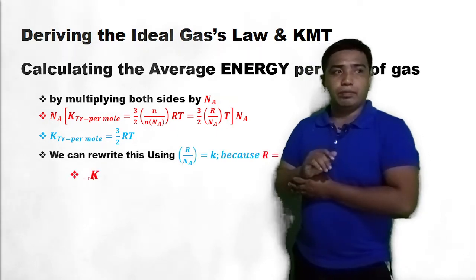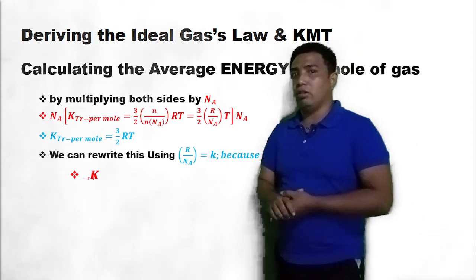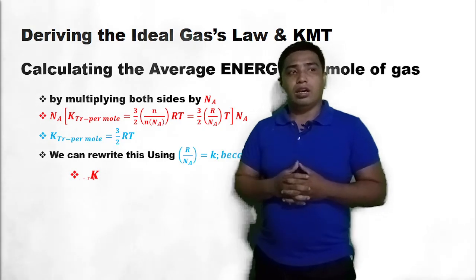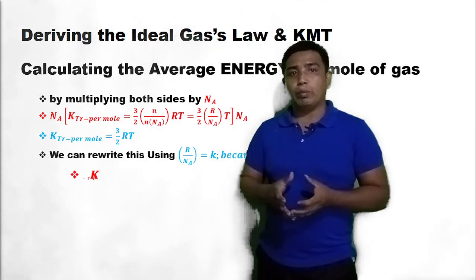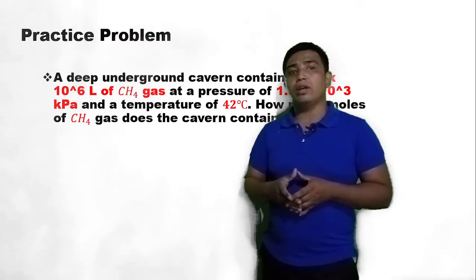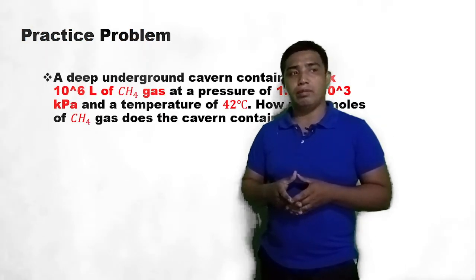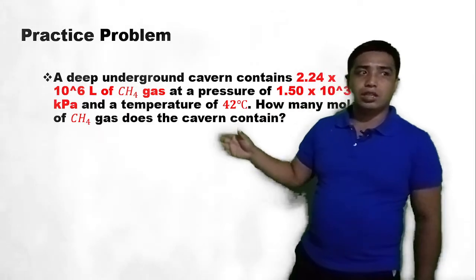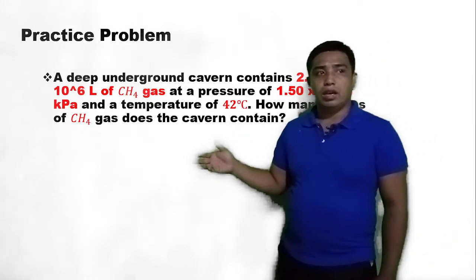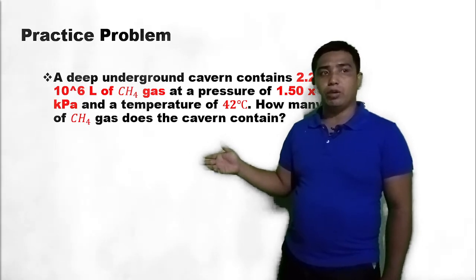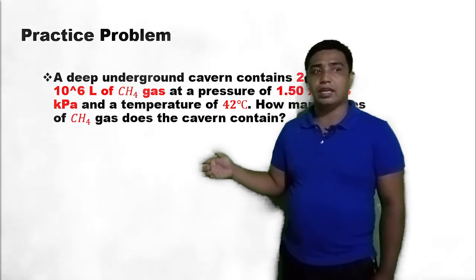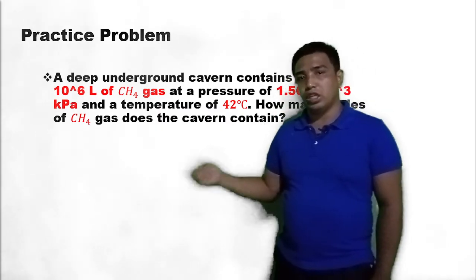So, practice problems. As always, I am telling everyone that practice makes you perform better. There is a deep cavern containing 2.24 times 10 to the 6 liters of methane gas, or CH4. It has a pressure of 1.5 times 10 to the power of 3 kilopascals and a temperature of 42 degrees Celsius.